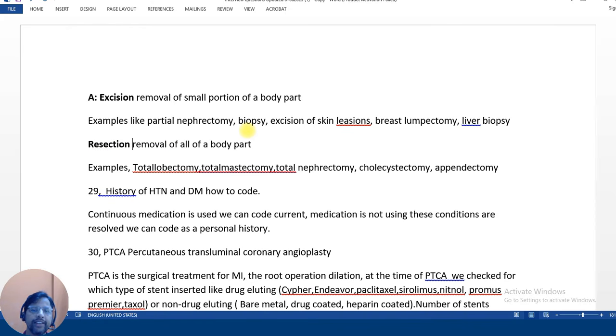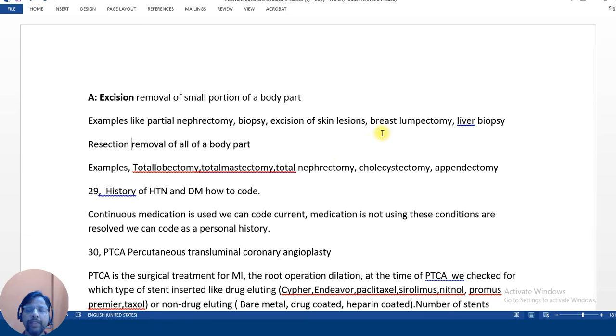Okay. So resection means basically complete removal of the organ. For example, mastectomy comes under resection. Why? Because during a mastectomy, the complete breast is removed.